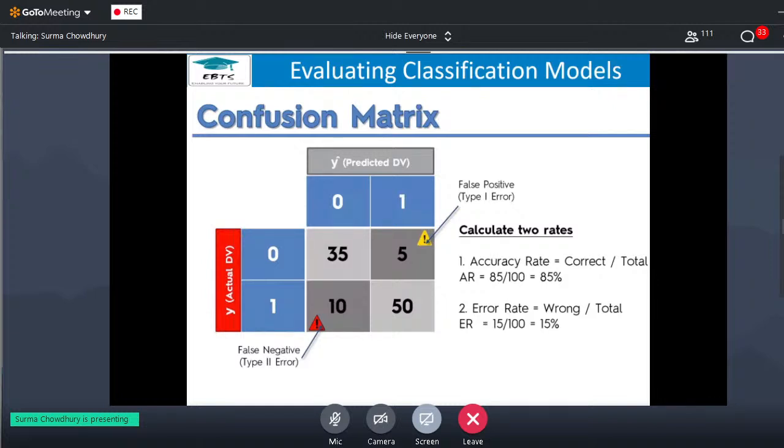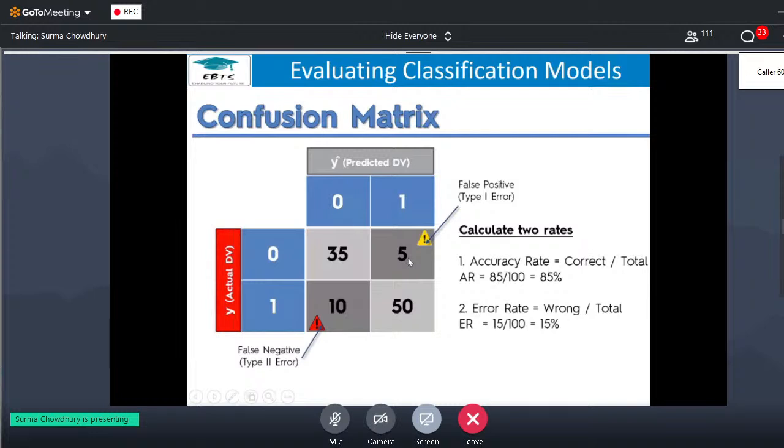Now assuming that zero means a person is not suffering from cancer, and 1 means he is suffering from cancer. So this 35 and 50 we are clear. He does not have cancer, predicted he does not have cancer, and actually also he does not have cancer. 50 is also okay, it is predicted he has cancer, and actually also he has cancer. Now look at this 5.